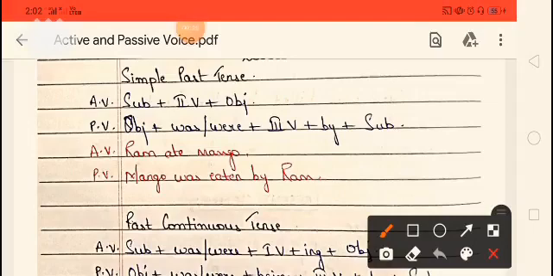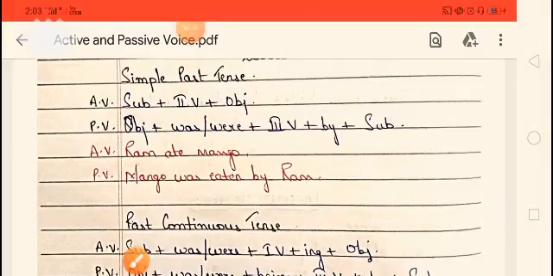So our next category is past tense. We have completed our present tense, so the next category is past tense. The first one is simple past. The structure of active voice of simple past tense is subject plus second form of the verb plus object.